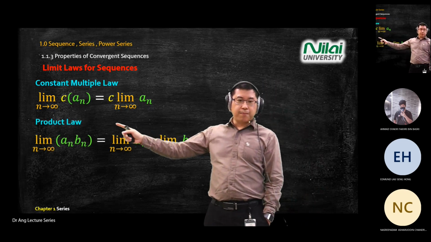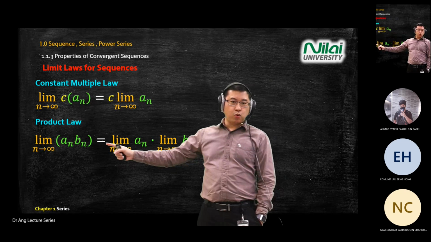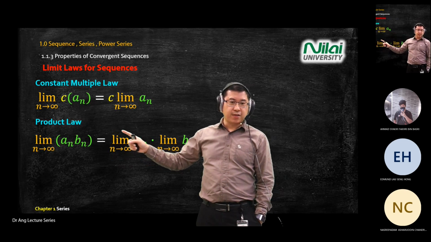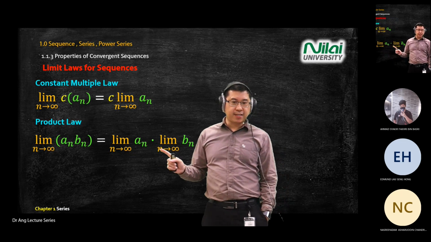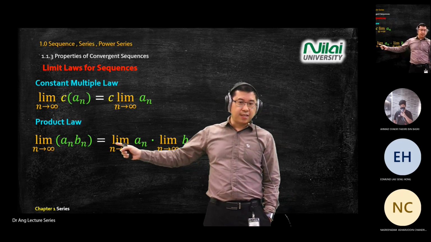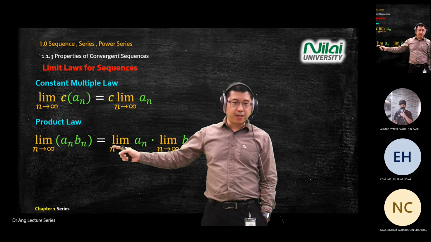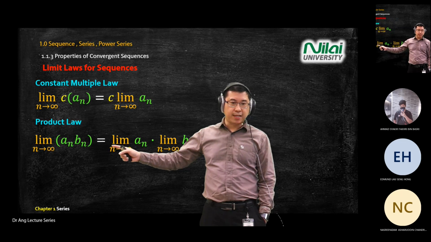Another one we call the product law. The product law concerns two sequences. If you want to multiply two sets of data, you see a_n multiplied by b_n, which means the first set of data multiplied by the second set of data.